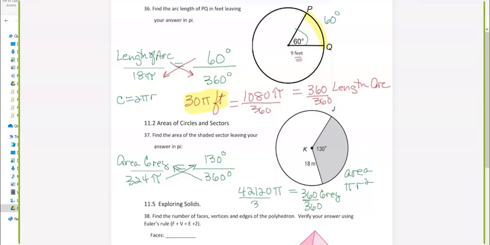Divide both sides by 360. So take your 42120, divide that by 360. And that's going to give you 117. The pi comes along, and then you want your units. They're in meters, and since we're in area, it'll be meters squared. Okay, so here's your answer for that area.